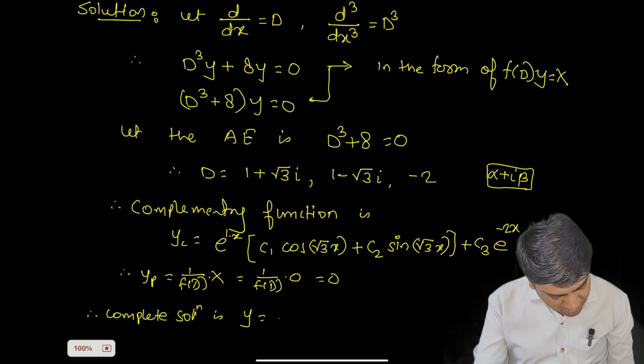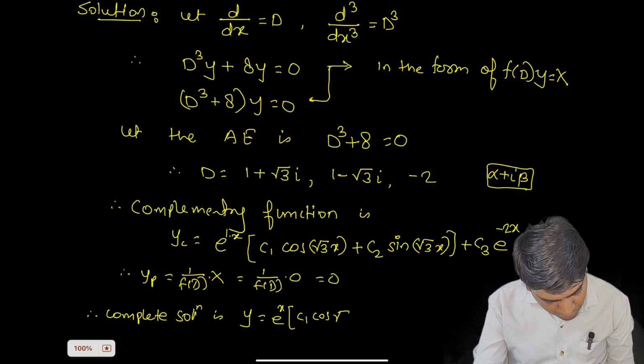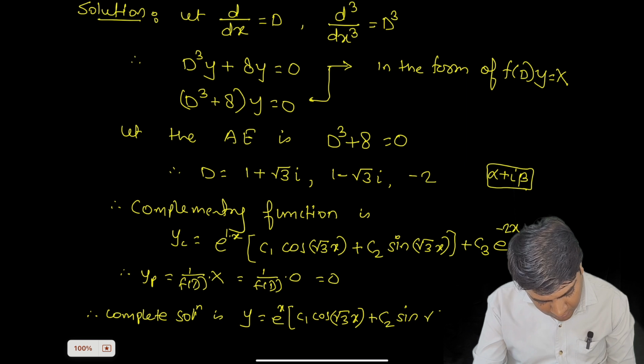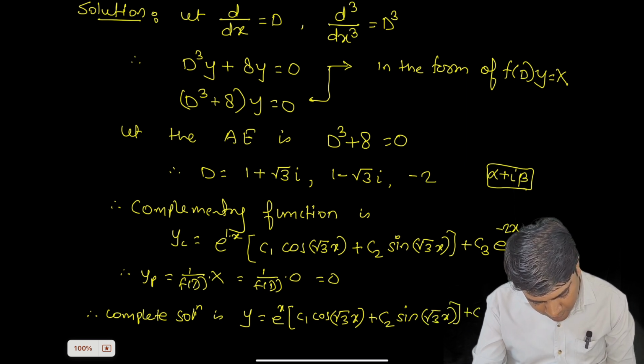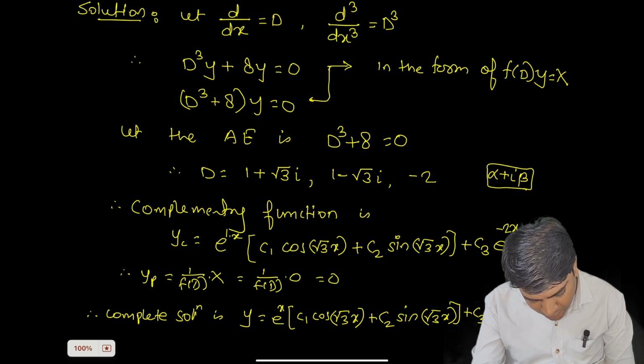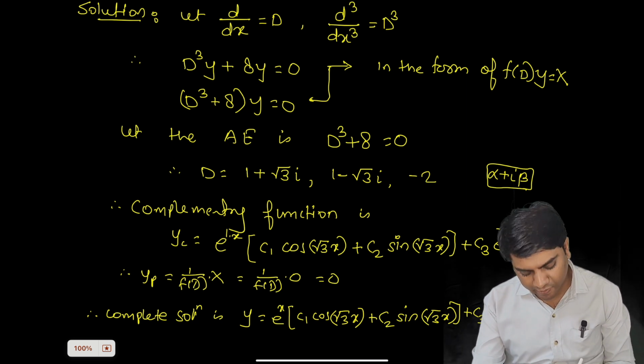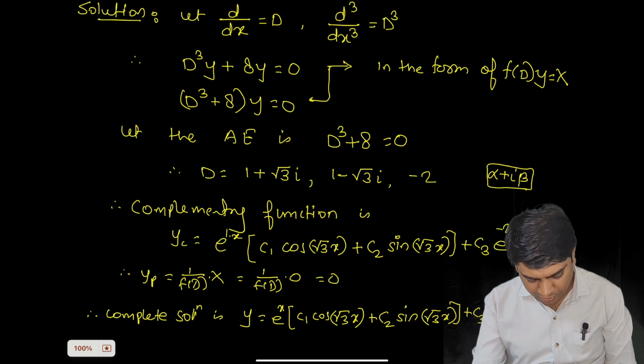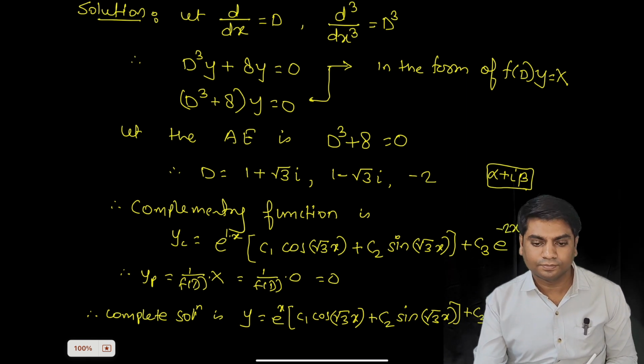So here the complementary function is e raised to x in bracket c1 cos root 3 x plus c2 sin root 3 x bracket close, plus c3 e raised to minus 2x, plus the particular integral is 0. So this is our solution.